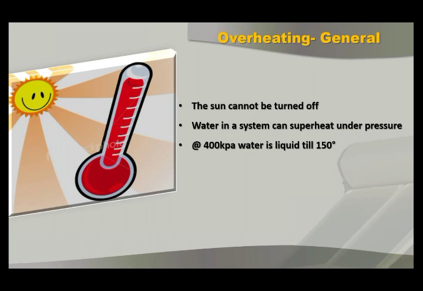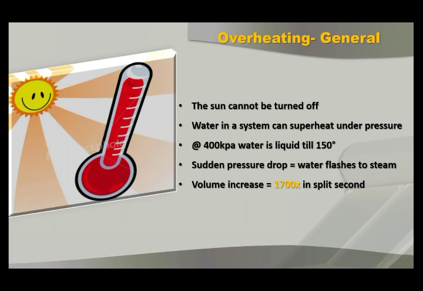And so when we look at overheating of a system, a certain set of circumstances need to come together for it to overheat, and that's not so difficult in a solar system because the sun cannot be turned off. It is out there. You've got a panel absorbing all that heat, and it's got to go somewhere. This is also where sizing plays a big role.